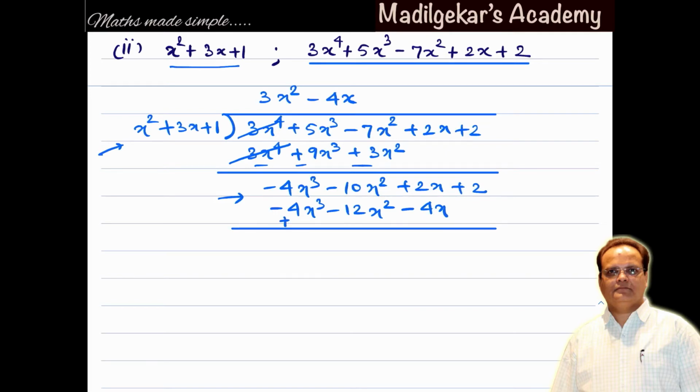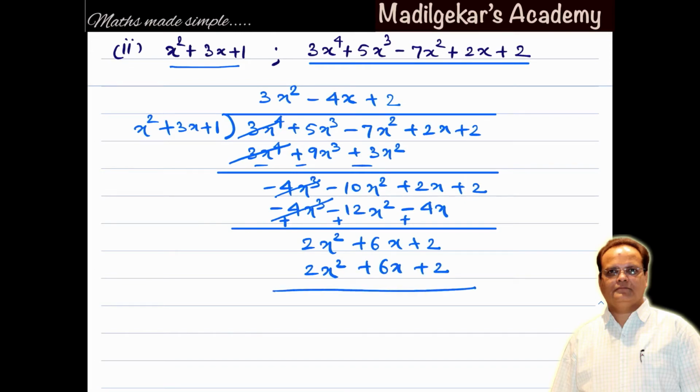Subtracting the terms, 4x cube gets cancelled. 12 and minus 10 is 2x square. 4 and 2 is 6x plus 2. In order to get 2x square, multiply by 2. So it is 2x square plus 6x plus 2. Changing the signs, we get remainder 0.